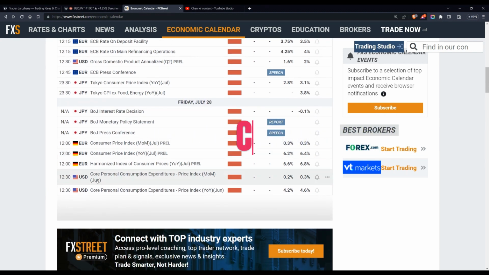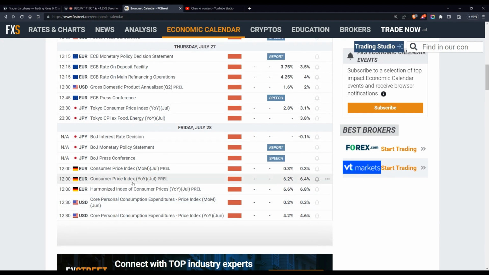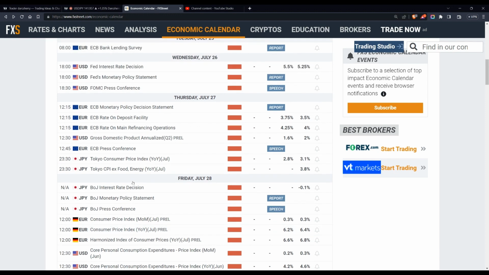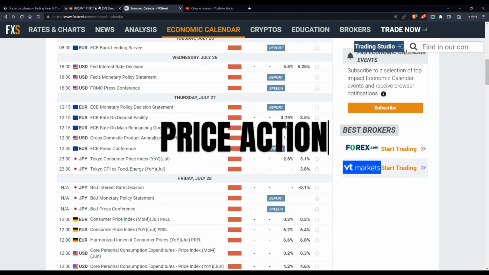Then on that same day, we have the core personal consumption expenditure coming in from the US economic docket. So these are very high impact events that the majority in the market will be looking forward to. And in fact, the anticipation of this event will definitely be reflected on the chart as price action.